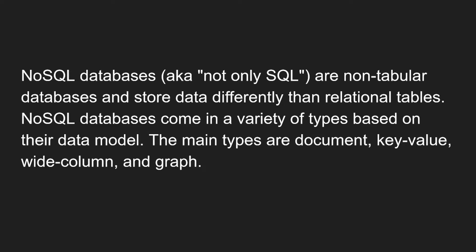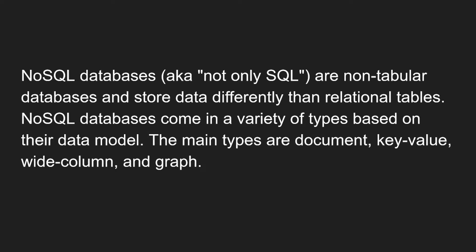NoSQL database, alias we can say it as not only SQL or non-tabular database. In RDBMS we will be having a tabular structure, but these are non-tabular databases and store data differently than relational tables. NoSQL databases come in a variety of types based on their data model.